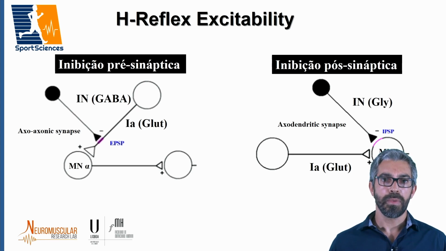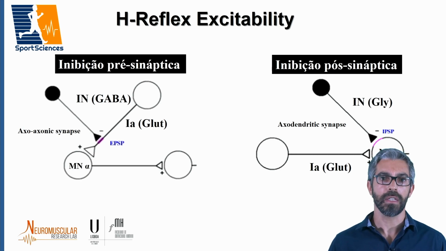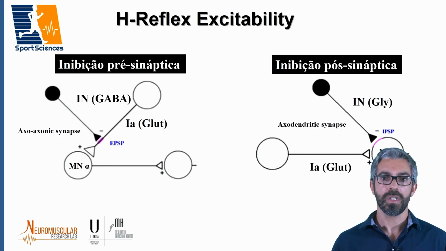First, the intrinsic properties of motor neurons, such as the membrane potential; also presynaptic inhibition caused by GABAergic interneurons that affect conductance of the 1A afferents; and also postsynaptic inhibition caused by glycinergic interneurons that affect the motor neuron soma, such as occurs with reciprocal inhibition, for instance.